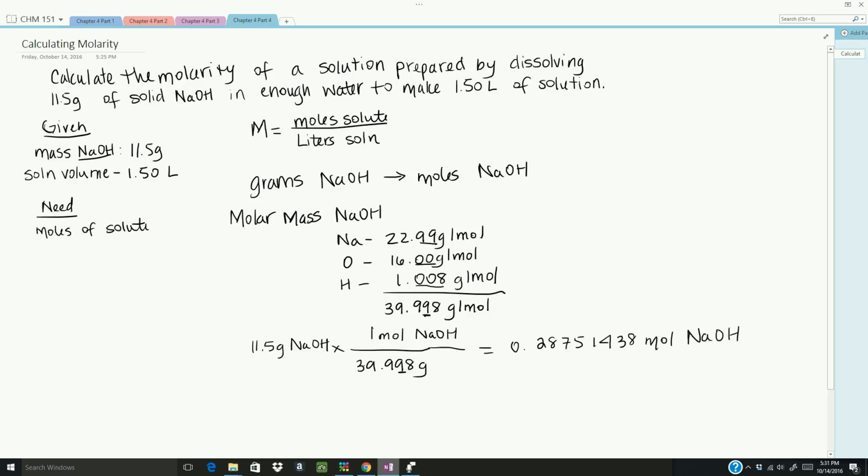Now we need to look at our sig figs. Our 39.99 ends at that second 9, so that's 4 sig figs. 11.5 only has 3, so our final answer is going to have 3 significant figures. There's a 5 beside the 7, so we round up. Our answer is 0.288 moles of sodium hydroxide.